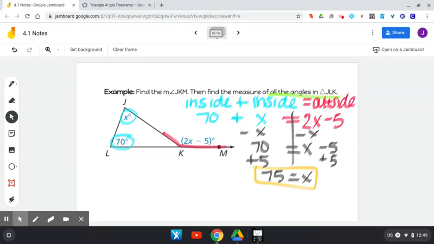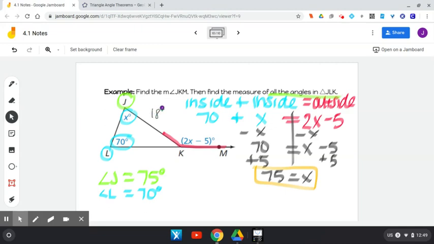So I have angle J right here, which is just x degrees. So I know that that's 75 degrees. I already knew angle L is 70. And I have two ways to find the other one. I could do 180 minus those.